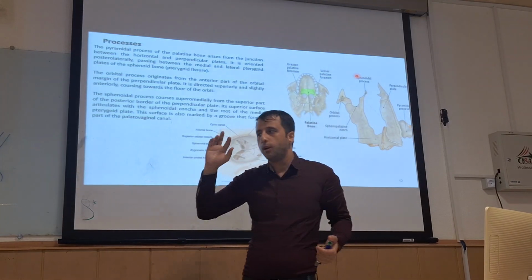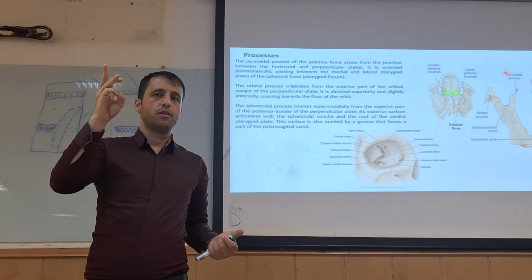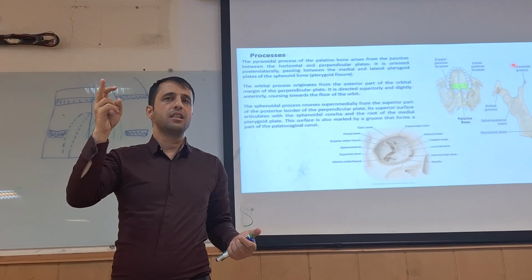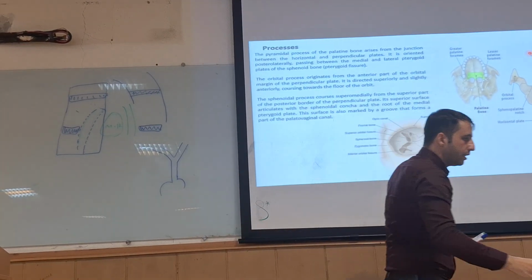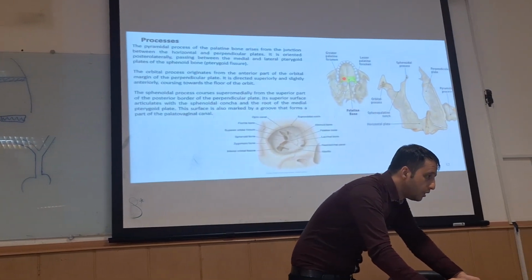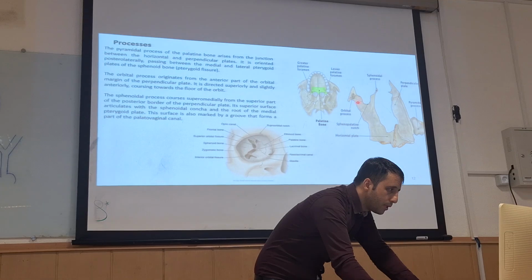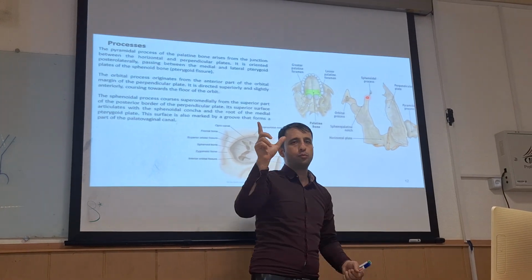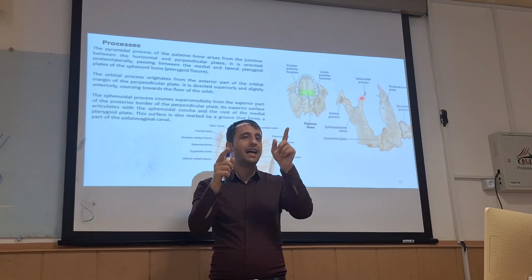I said that the palatine bone has three processes: the pyramidal process, the sphenoidal process, and the orbital process. Here, look at here. The superior border of the perpendicular plate makes two processes.